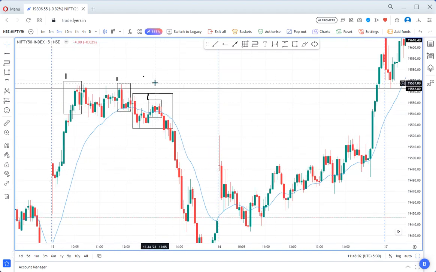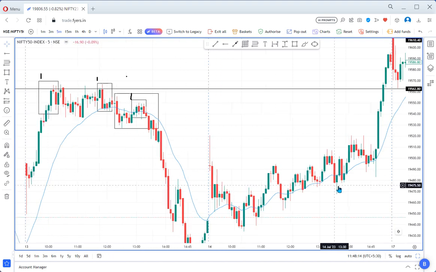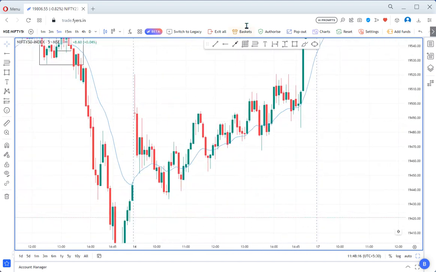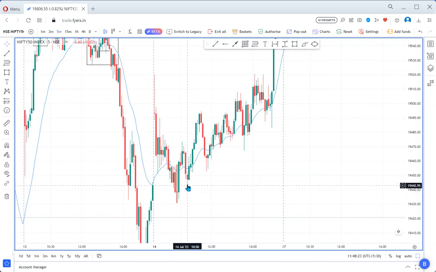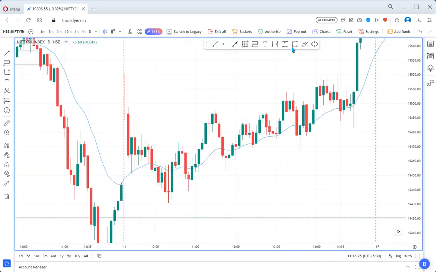Let's find what happened when there is a bull bar and the next is a bear bar which closes below the low of the bull bar. Let's take a case from here. If you see here, the same pattern is repeated.